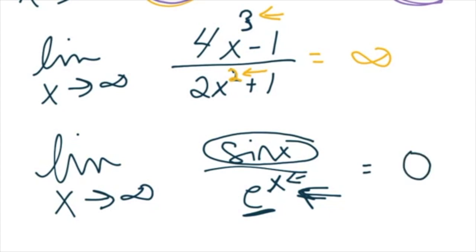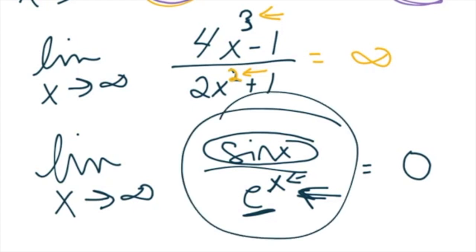So I always go back to who's winning when you're dealing with these functions. Is it the numerator or the denominator? The denominator's winning. Yep, we're going to 0. So that's basically as x is going out to infinity.